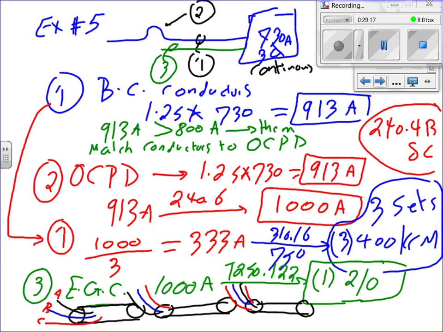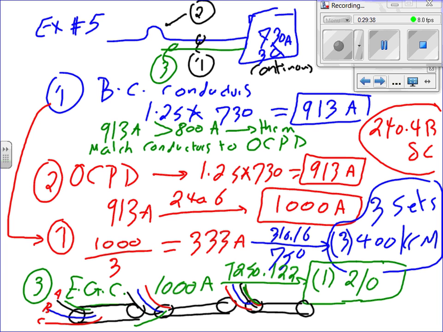Here's my neutral, here's my neutral, and here's my neutral. Can you guys see that? These are the 3 conduits that I ran to carry this 1000 amp. Another one, the equipment grounding conductor. I'm sorry, no neutral, the equipment grounding conductor.